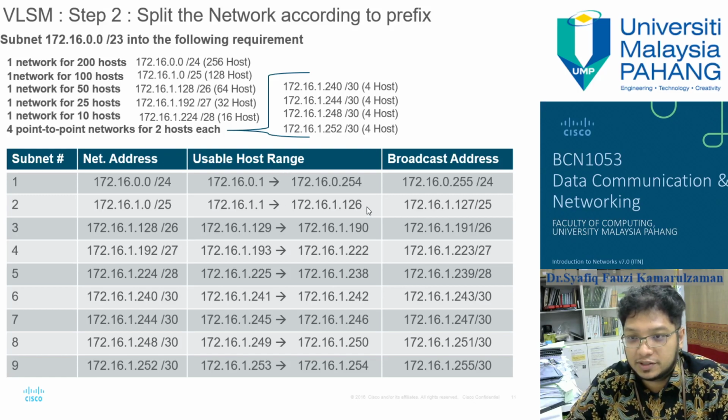Refer to this instruction and refer to this demonstration for your practice later on. It's not as difficult as you think. As long as you can conduct the subnetting first, VLSM will be very easy for you because it's just subnets within subnets.